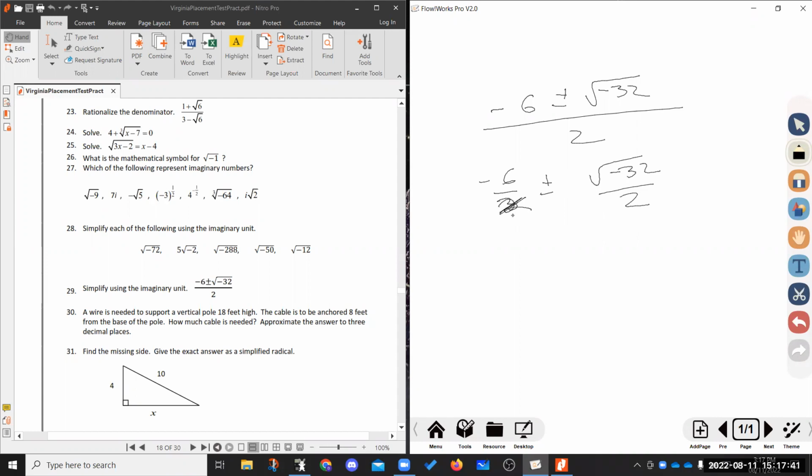All right, that's a 2. 2 goes into there 3 times. Now we have 16 is 4i root 2, like that. 2 goes into 4 2 times. It's negative 3 plus or minus 2i root 2.